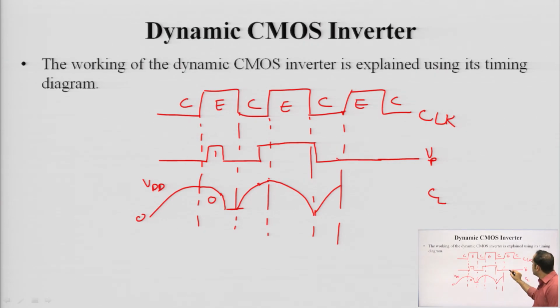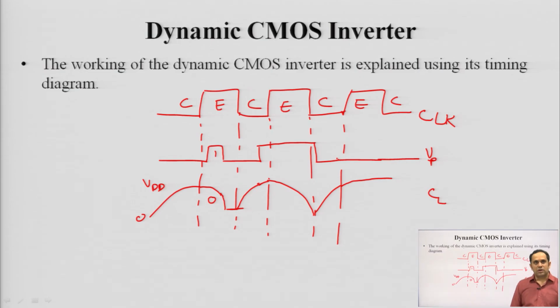During evaluation, the input is 0. At this point there is no path between ground and output, so the capacitor has no path to discharge. Whatever was charged remains here.